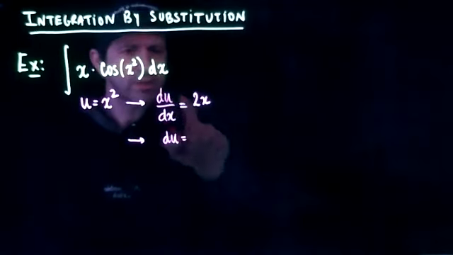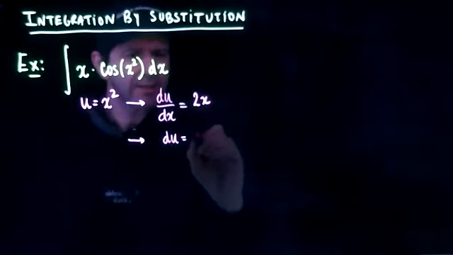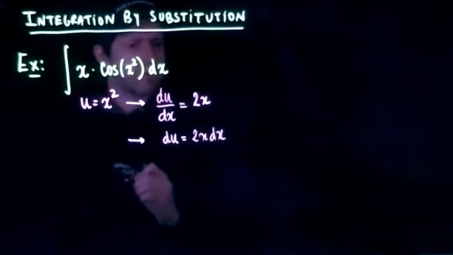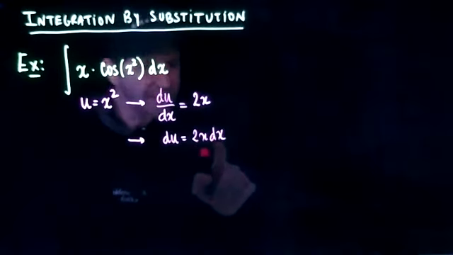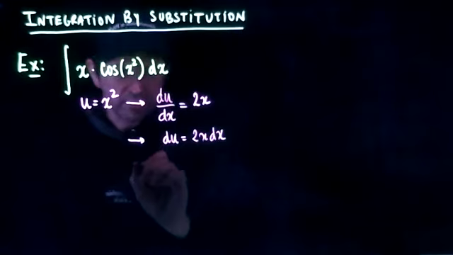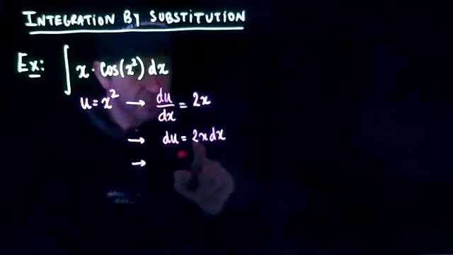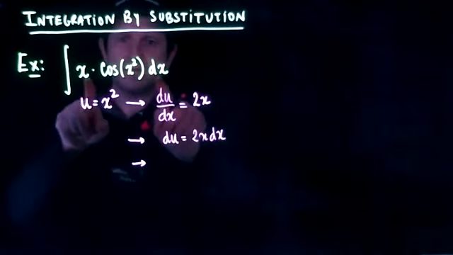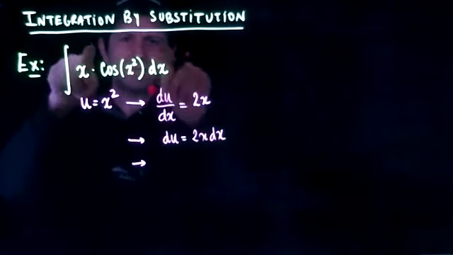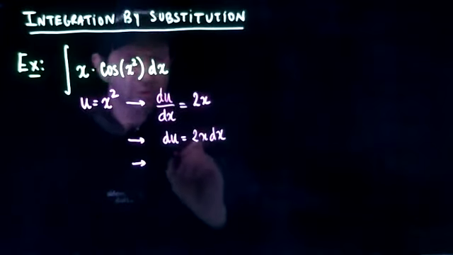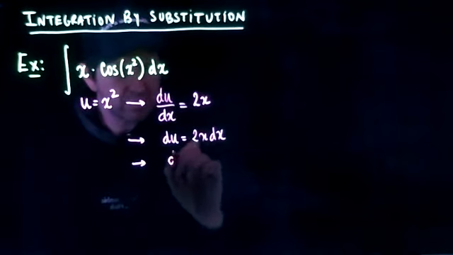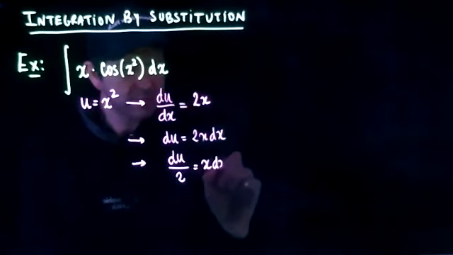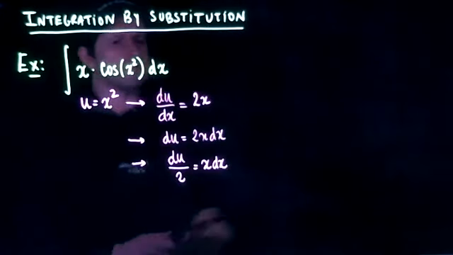So du is equal to 2x dx. And then I isolate x dx, because I have an x dx here. You recognize x times dx right here. So du over 2 is equal to x dx. Do you understand what I just did?